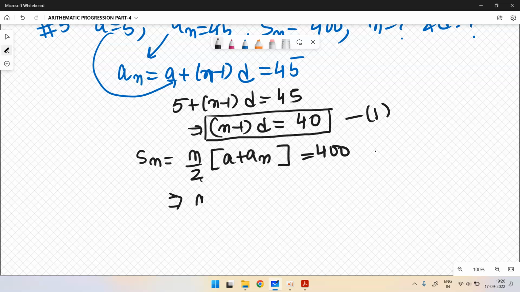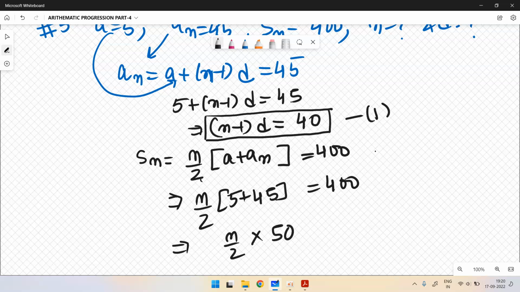So n by 2 into 5 plus 45, which is 50, implies n by 2 into 50 equals 400. If we cancel this, 50 into 8 is 400, which implies that n is 8 into 2, which is 16.